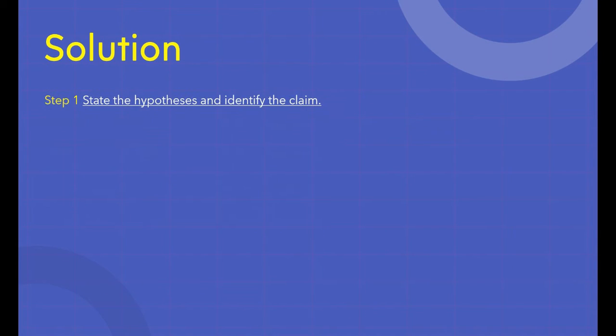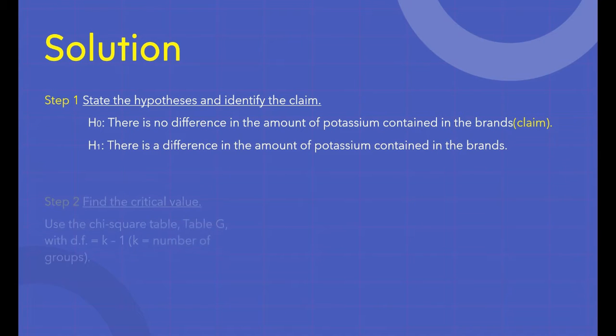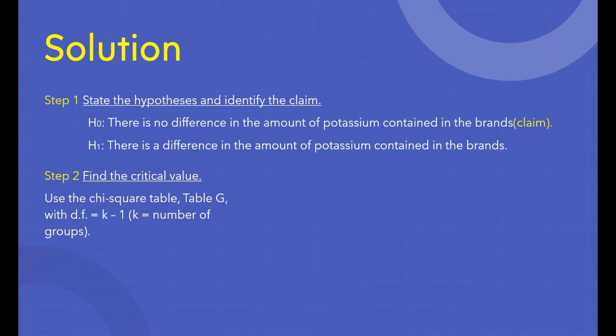Solution. Step 1. State the hypothesis and identify the claim. Our null hypothesis: there is no difference in the amount of potassium contained in the brands, which is our claim. The alternative hypothesis is there is a difference in the amount of potassium contained in the brands. Step 2.